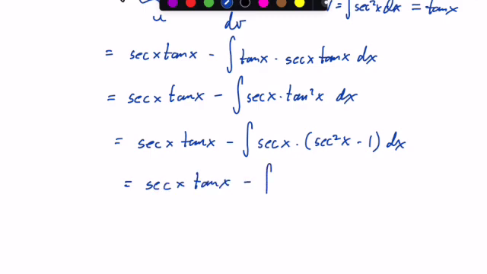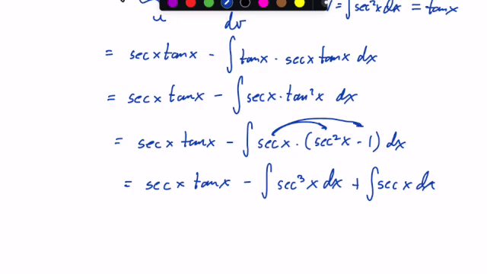And this is the interesting thing. If I distribute the secant, look what happens. Secant of x tangent of x minus the integral of secant cubed x dx plus the integral of secant of x dx. Think about distributing this secant here, and then also the negative one, and then we get two different integrals.